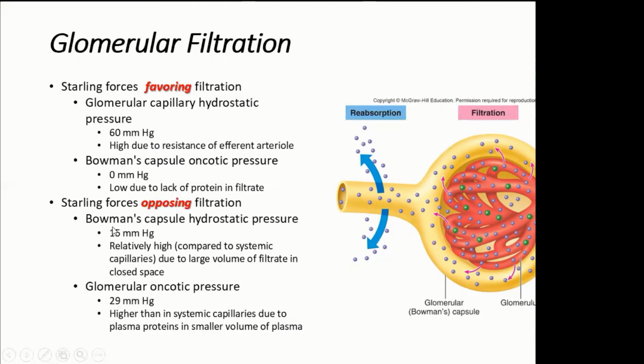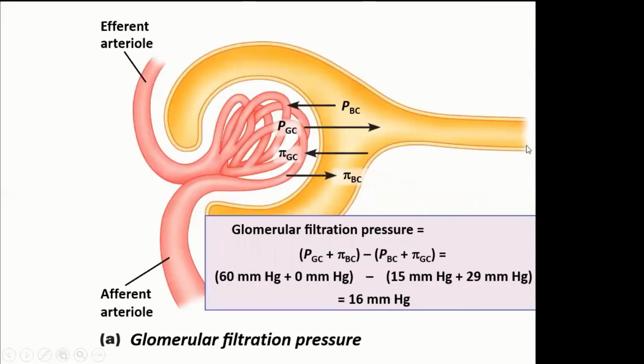And we also have the Bowman's capsule hydrostatic pressure opposing filtration. Bowman's capsule isn't empty, it does have filtrate in it. So there's also a pressure of that fluid back towards the glomerulus. This is written out even bigger with our arrows pointing in different directions.